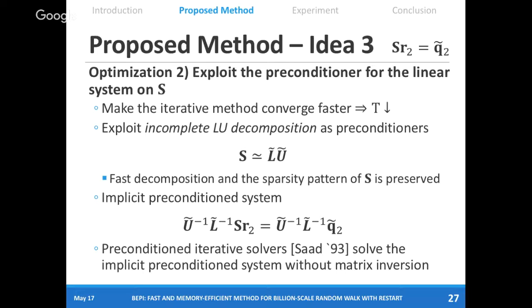We exploit the incomplete LU decomposition as a preconditioner, and using this preconditioner, the implicit preconditioned systems are represented as follows. The solution of these systems and the solution of these systems are the same. So the preconditioned iterative solver solves the implicit preconditioned system without matrix inversion.